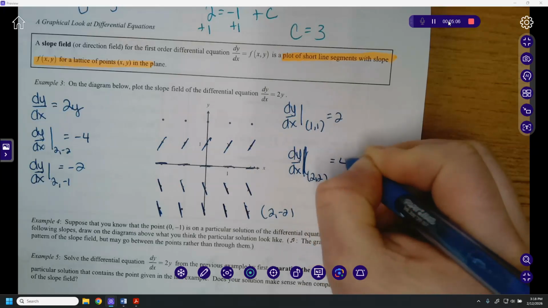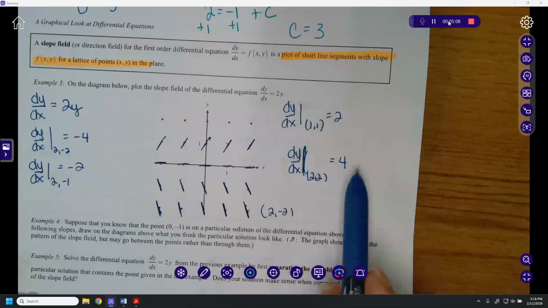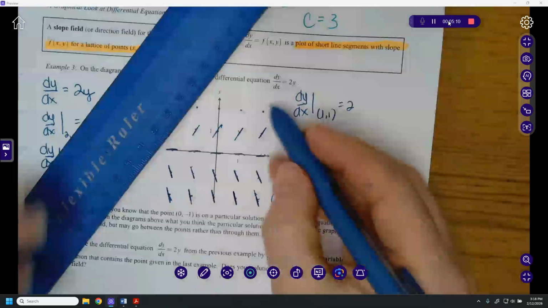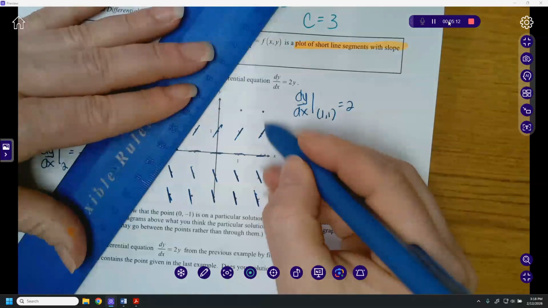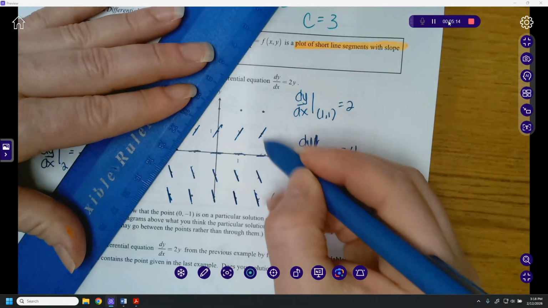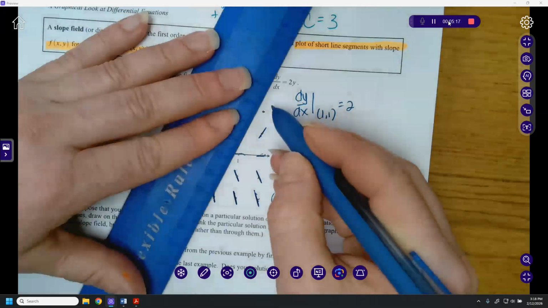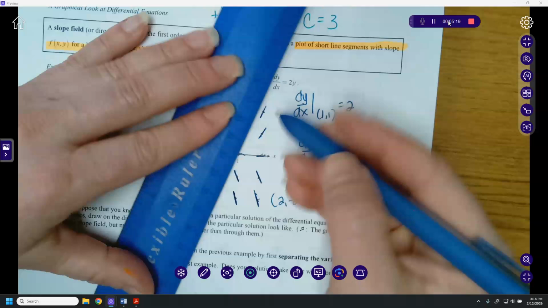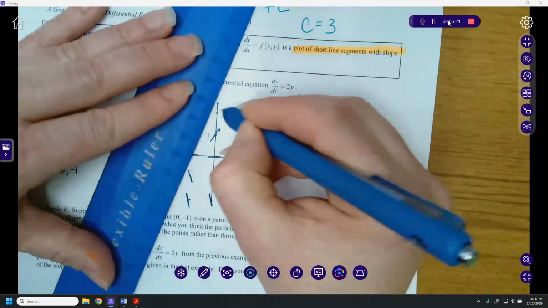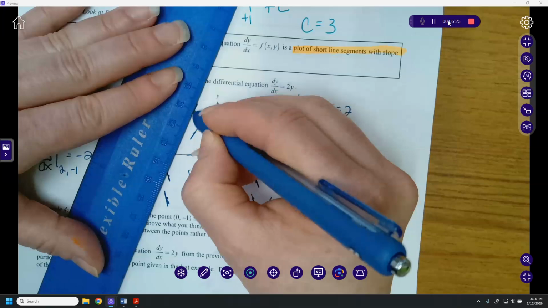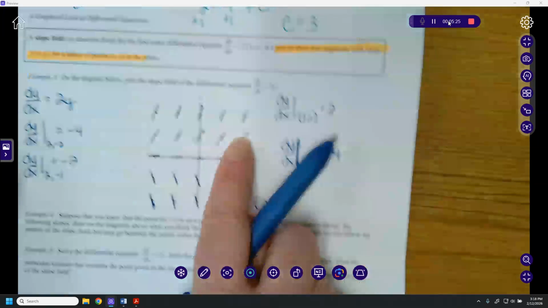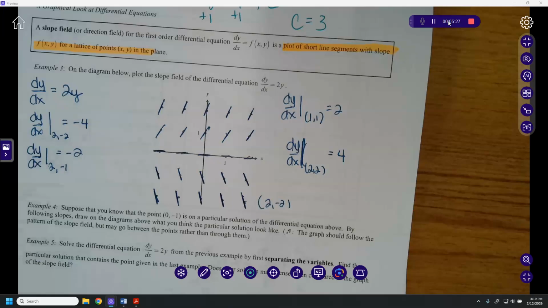That has a slope of 4 because 2 times 2 is 4. So I'm going to use my rise over run, 1, 2, 3, 4, over 1, and make slopes of 4. And again, guys, can you tell that these are steeper than these ones? That's what we're looking at.